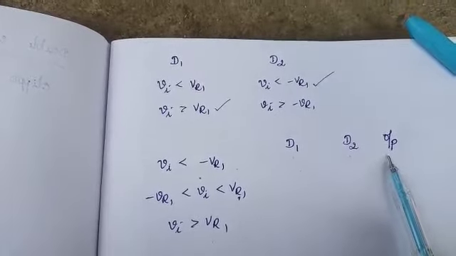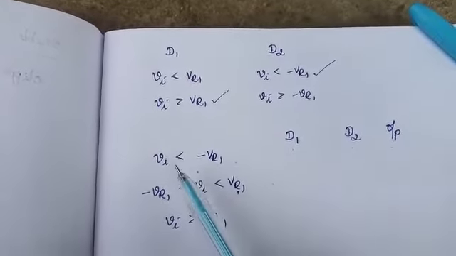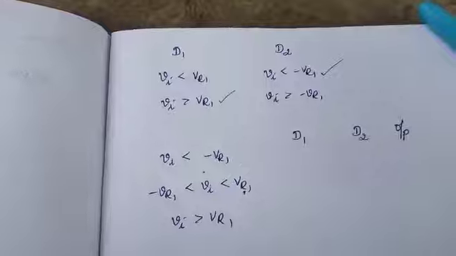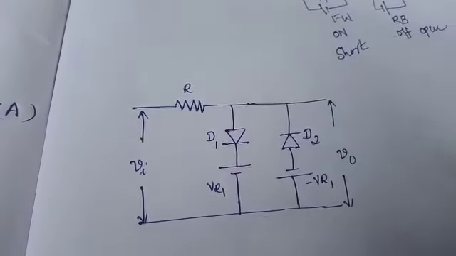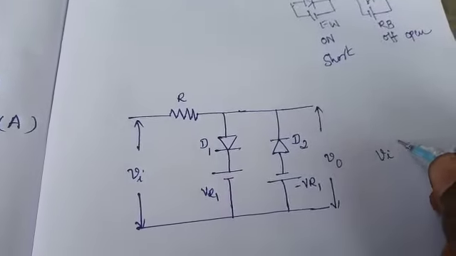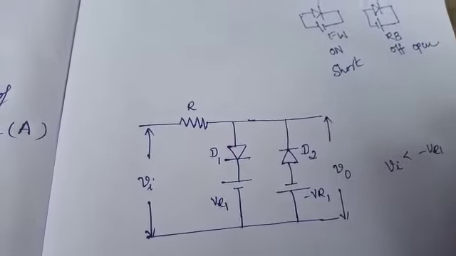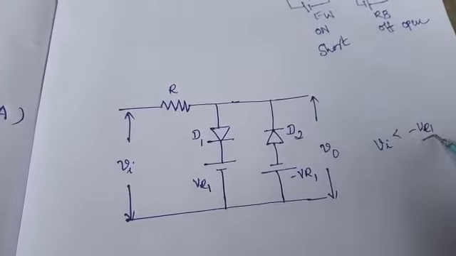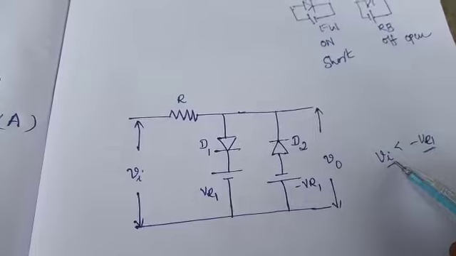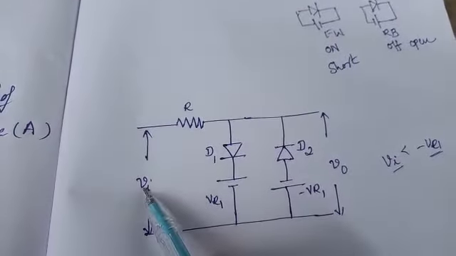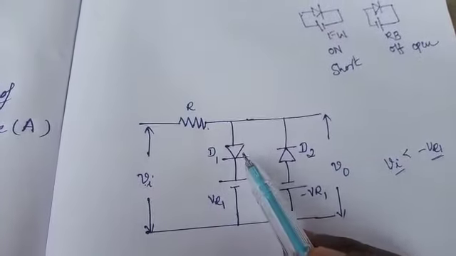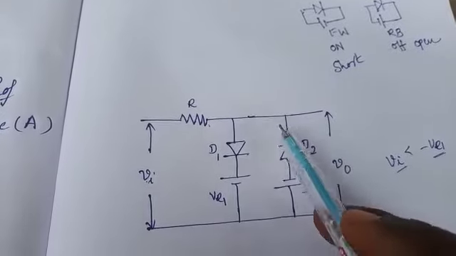Let us discuss the first case, that is Vi less than minus VR1. That means minus VR1 is more when compared to the applied input voltage. Here the input voltage is applied through a resistor to the anode of D1 as well as the cathode of D2.